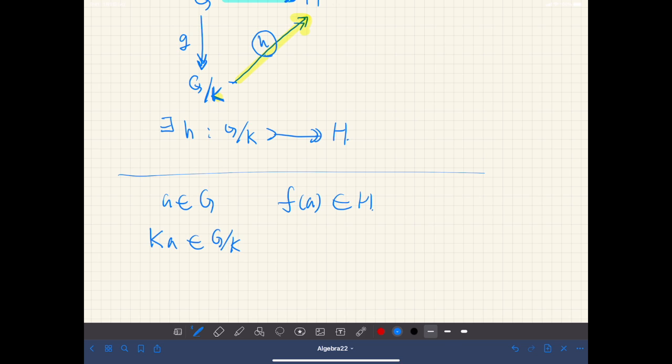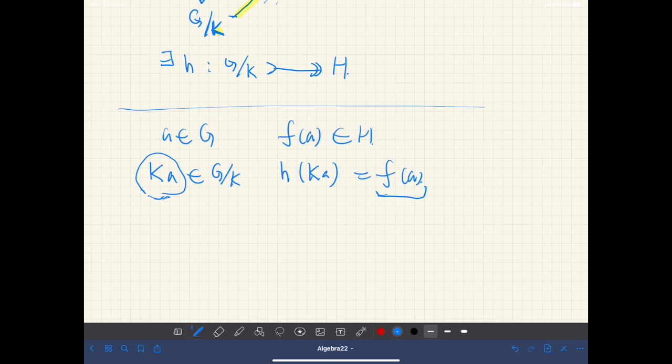So we want to define this mapping H. This maps to, let's say, f of A. Then we may be able to define this mapping H. For every coset of the form Ka, we map it to this element of H.